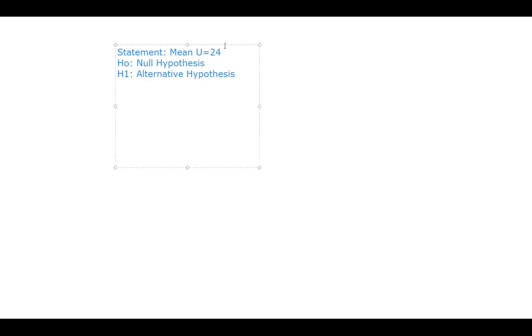After that, the null hypothesis says mu equal to 24. What is the meaning of this? Null means no, or means 0.